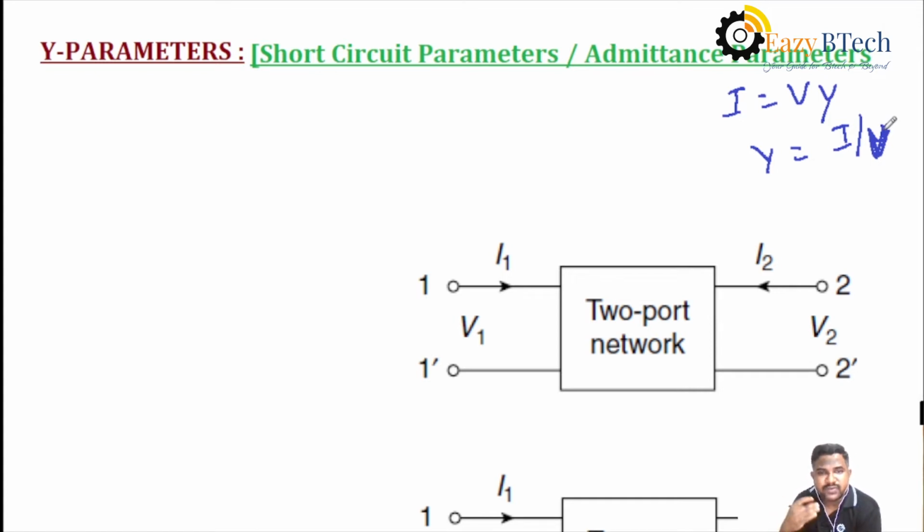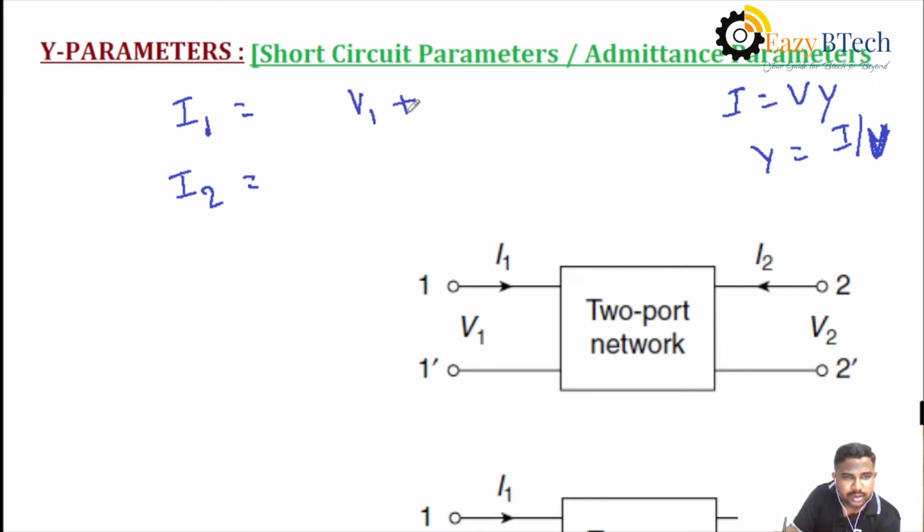The standard equations of Y parameters give I1 and I2 in terms of V1 and V2. You have to calculate the port currents, first port current and second port current, in terms of the first port voltage as well as the second port voltage.